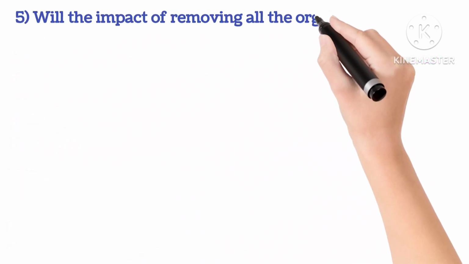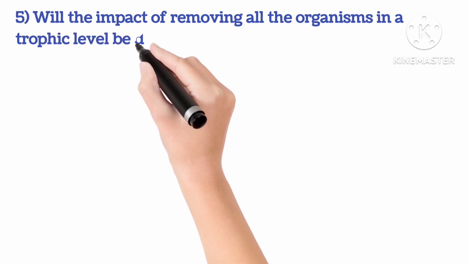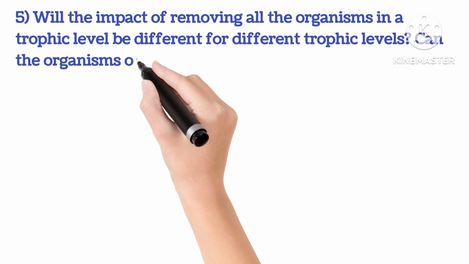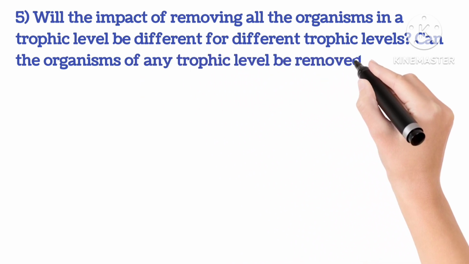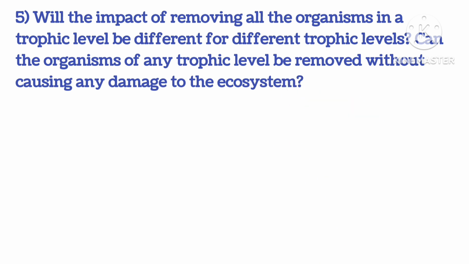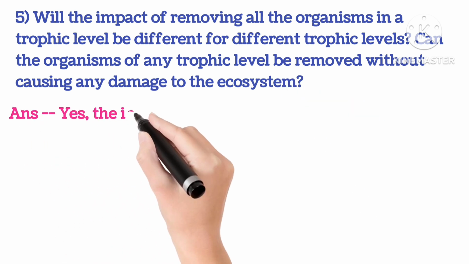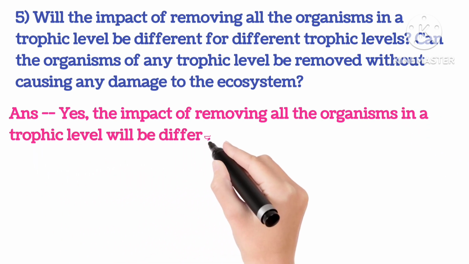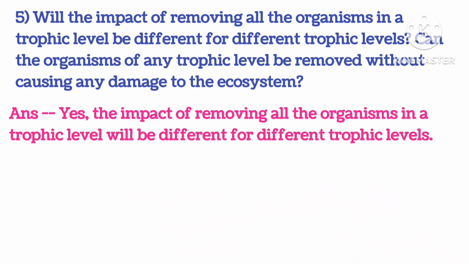Fifth, will the impact of removing all the organism in a trophic level be different for different trophic levels? Can the organism of any trophic level be removed without causing any damage to the ecosystem? Yes, the impact will be different for different trophic levels.